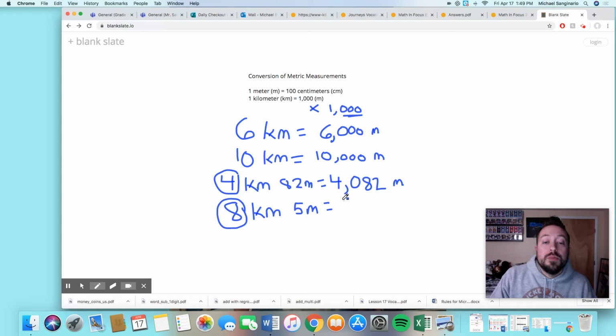We do know that the 8 is going to be in the thousands place. The 5 is just one number, so that's a ones place. I need a number in the tens place and a number in the hundreds place. What do I put in there? I have to put 2 zeros. So 1, 2. My answer is 8,005 meters.